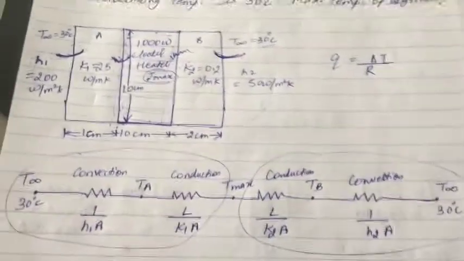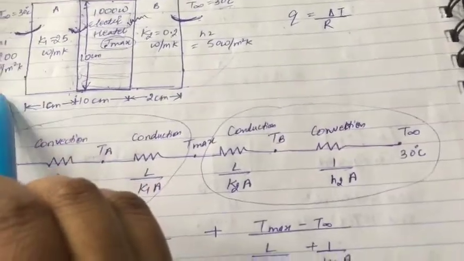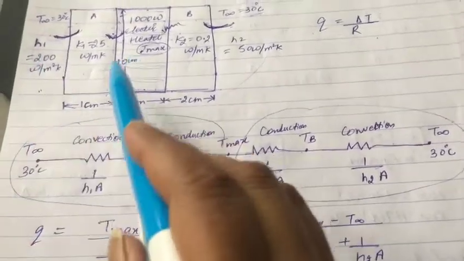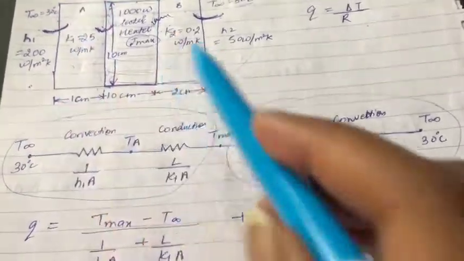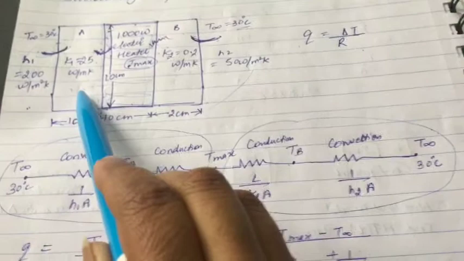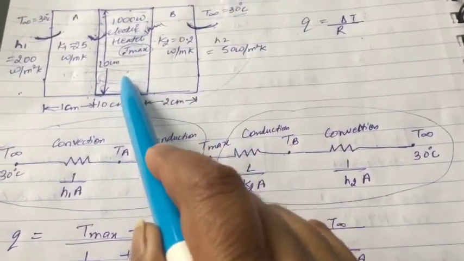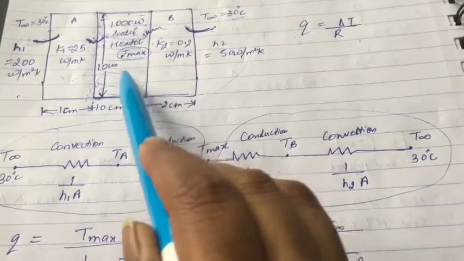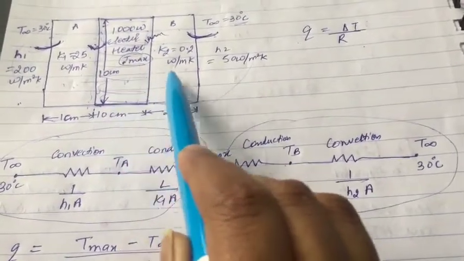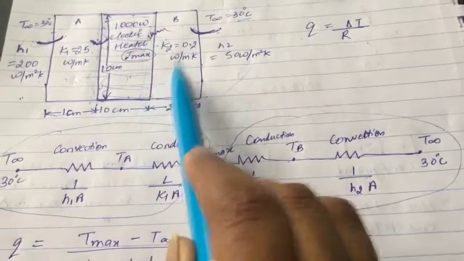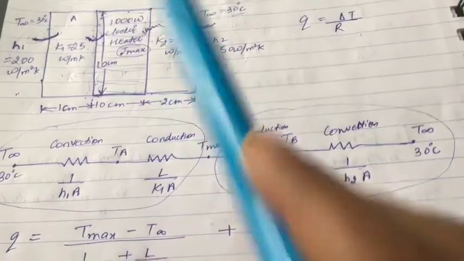So we are going to draw the resistance network diagram. From T infinity to temperature of slab A, convection is taking place. Then from TA to our maximum temperature, which is of the electric heater, conduction is taking place. Then again from this surface to our slab B, conduction is again taking place. Then from slab B to outside, convection is taking place.